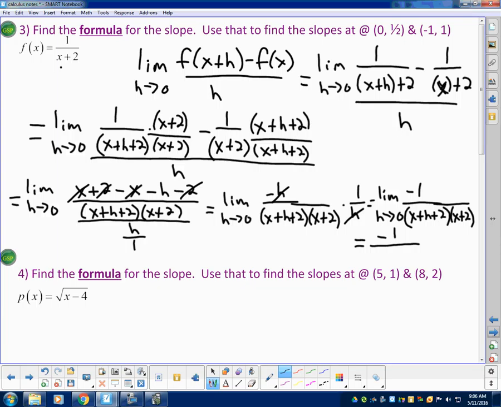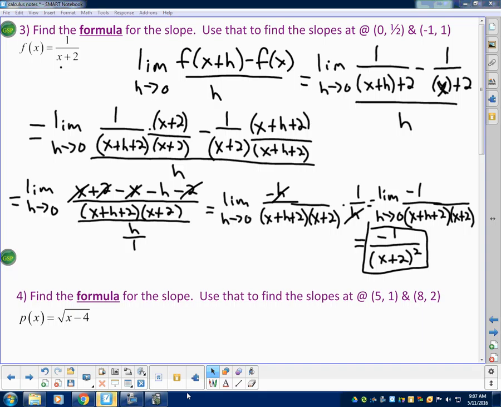That's 0, I have x plus 2 here, and another x plus 2 here, which we call x plus 2 squared. So that's my formula. I'll box it right here. That's my formula for finding the slope of the tangent line to the curve 1 over x plus 2 at any point. You give me any x coordinate, I can tell you the slope of the tangent line. Okay?